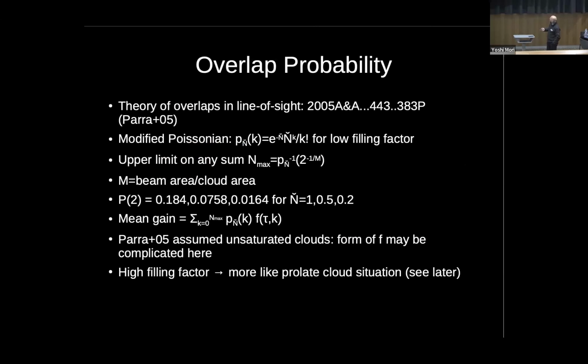So how probable are the overlaps, and why are they possibly important? Well, they're important because they're the only things that can get rid of a bright object in front of the star, because you would have to have some saturating beam going across in front of the star in order to steal most of the inversion and make the emission coming from in front of the star very weak.